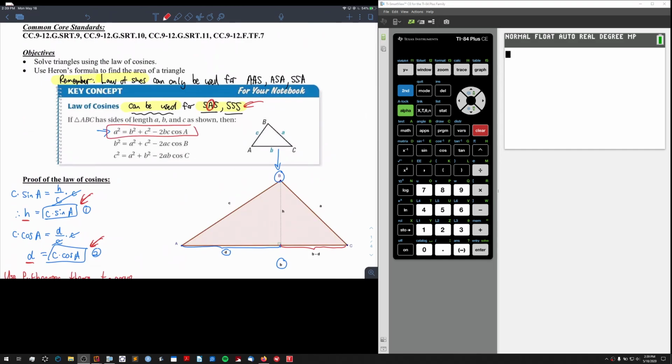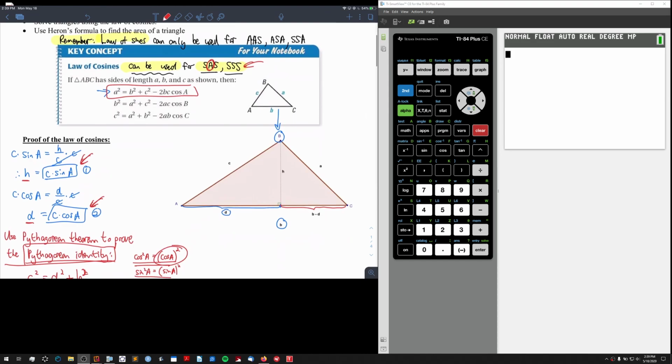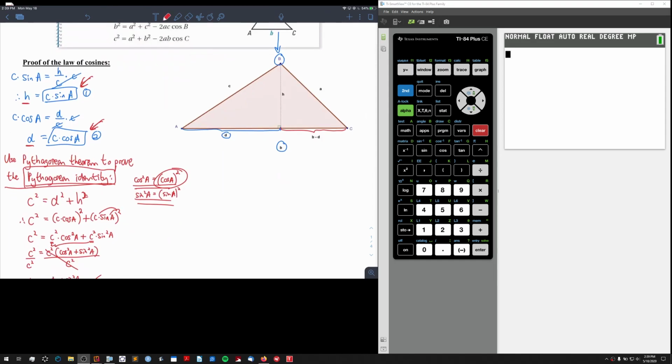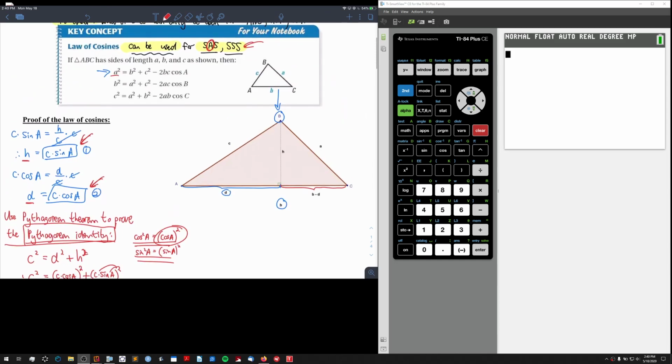Now, if I'm trying to prove that, it might be helpful to start with something that says a squared. Let's look at this triangle right here and use the knowledge we have right now to try and prove this. So let's talk about a squared, since I want to prove this for a squared.